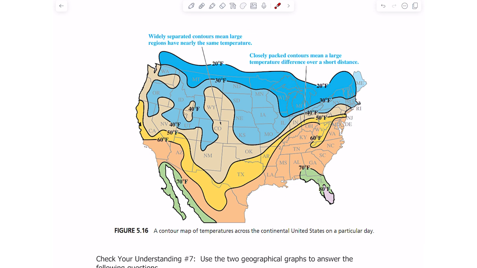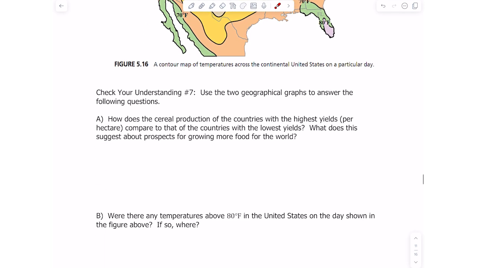We call these areas here contours, and it's showing that those regions basically have the same temperature, just like these regions all pretty much have the same temperature, as do these regions. Closely packed contours mean a large temperature difference over a short distance. So what you're going to do is use those two graphs to answer questions A and B.